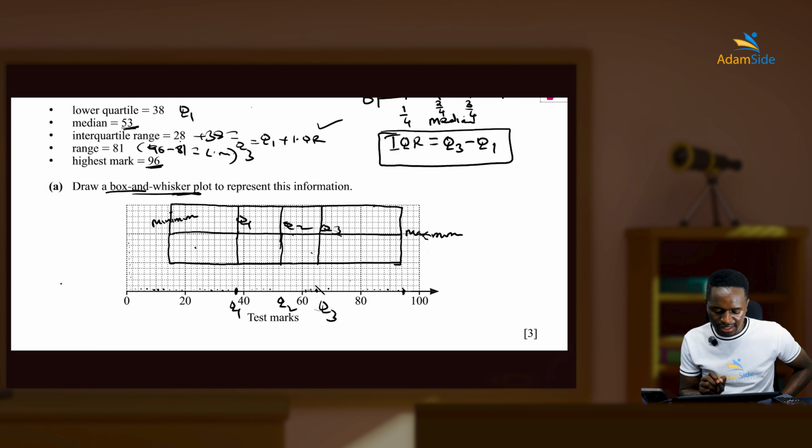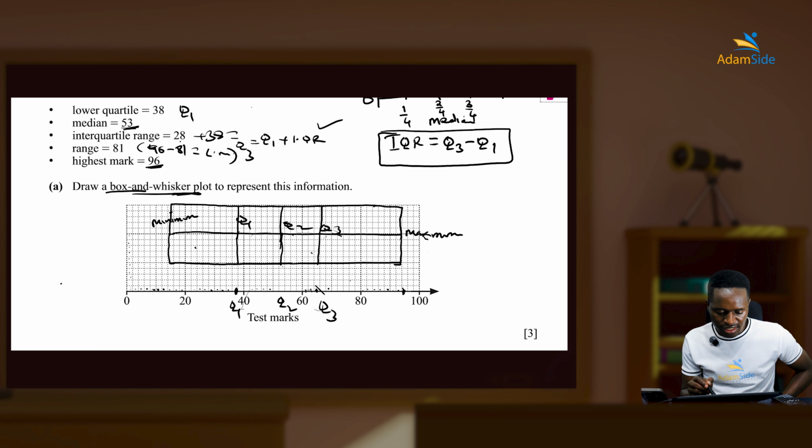Q2 is always at the center, and you show there your median is at 53. So you can see there 40, then 50, 52, 53, Q1, Q3. Then the interquartile range is Q3 minus Q1.